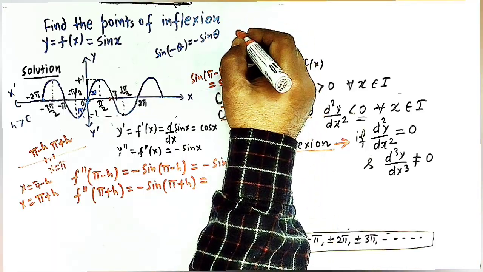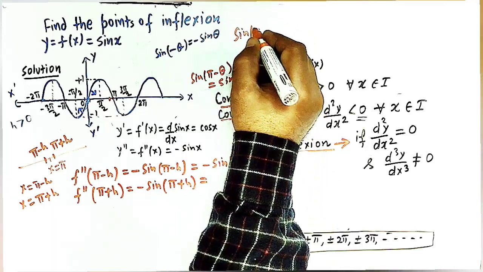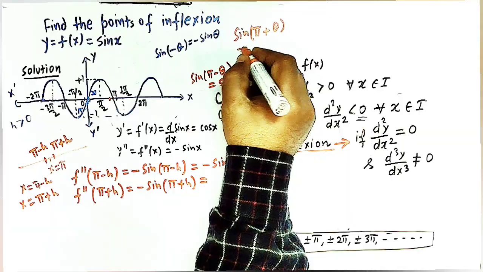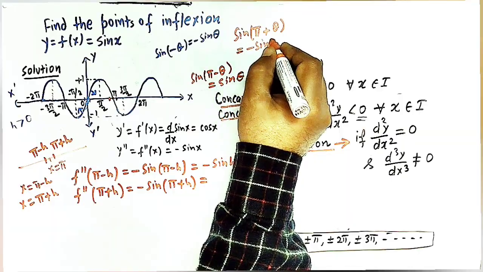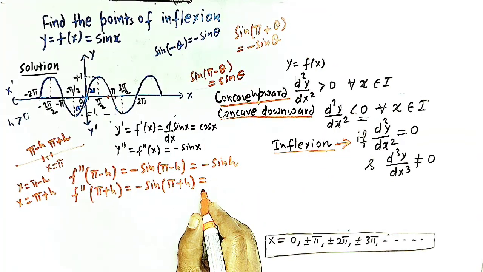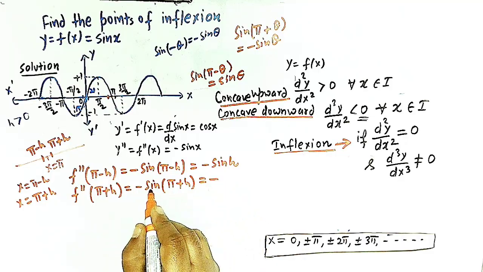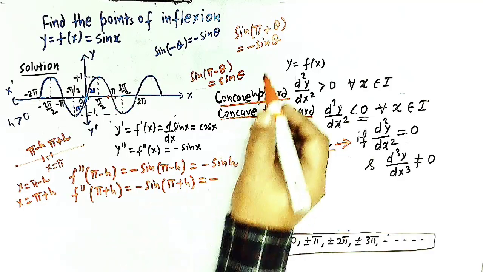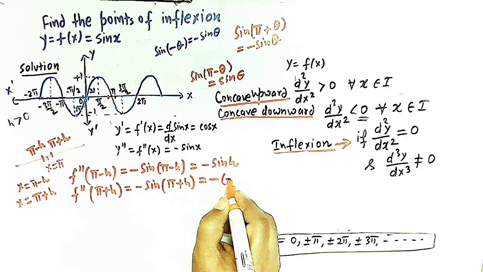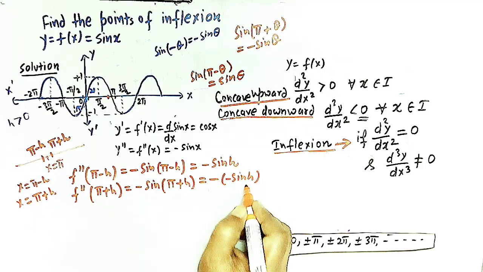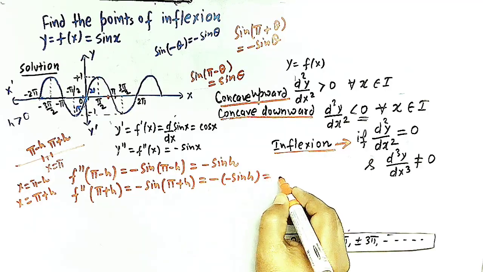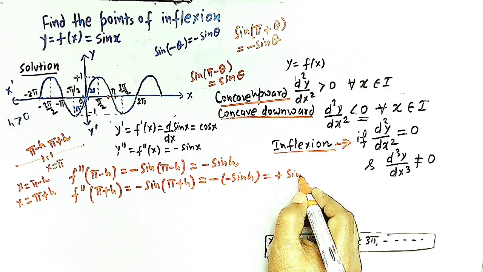And from trigonometry we know that sine of pi plus theta is equal to negative of sine theta. So sine of pi plus h can be written as negative of sine h, and this becomes positive sine h.